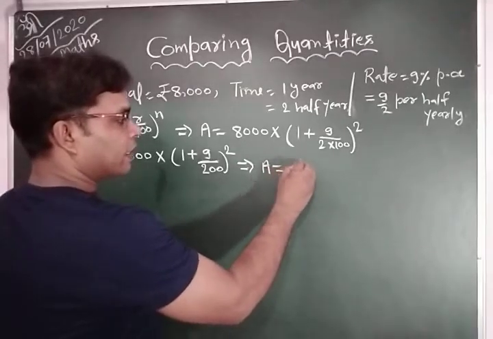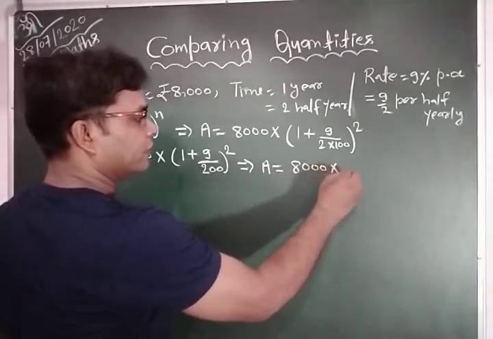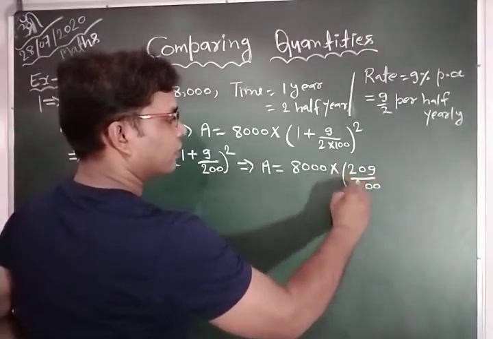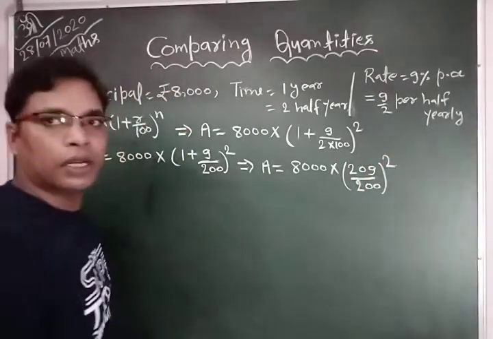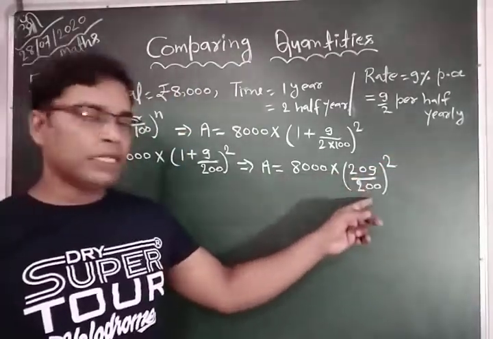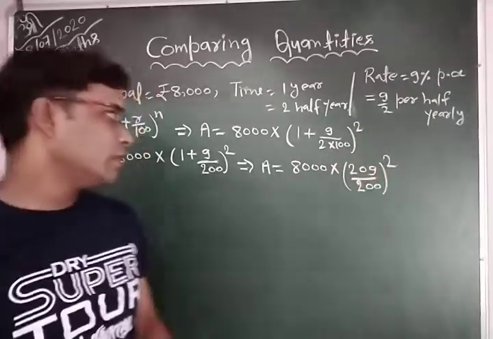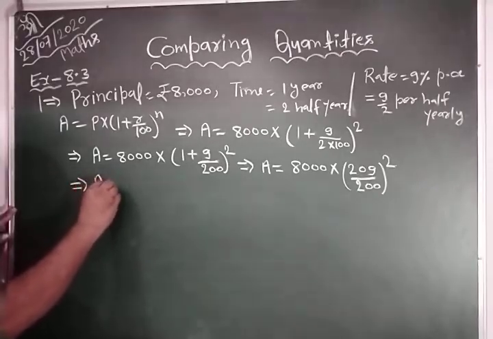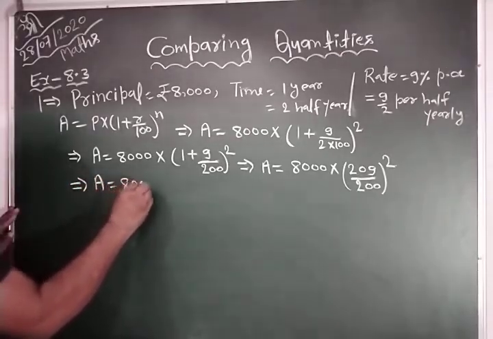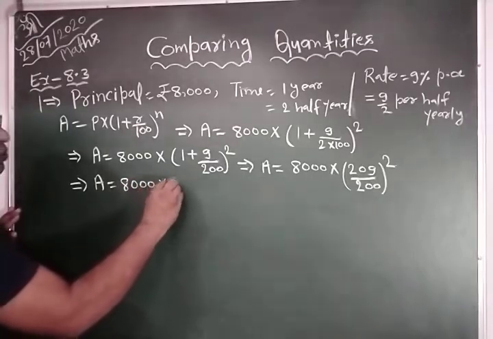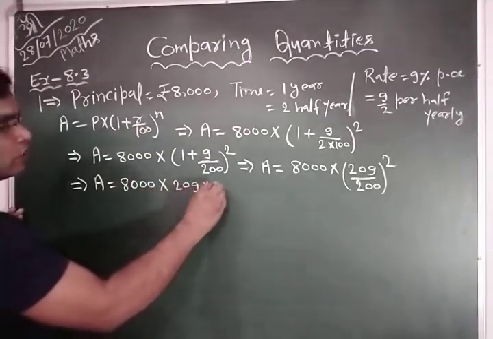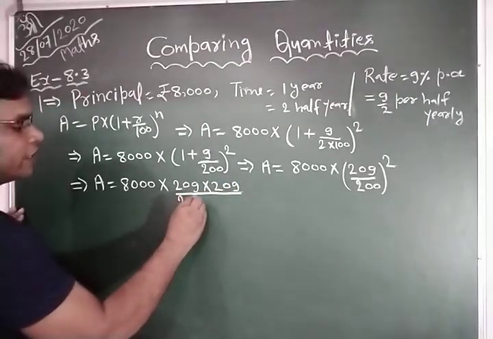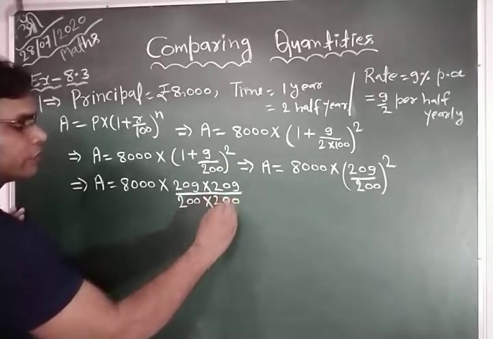You can write it as 8,000 into 209 by 200 whole to the power 2. So you can write amount is equal to 8,000 into 209 into 209 by 200 into 200.